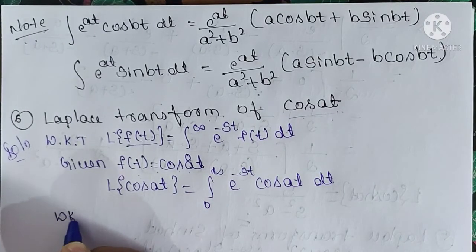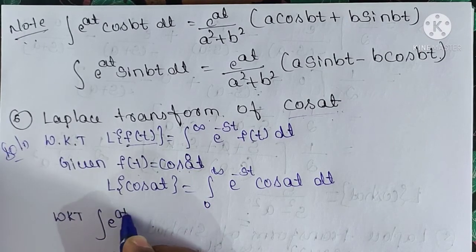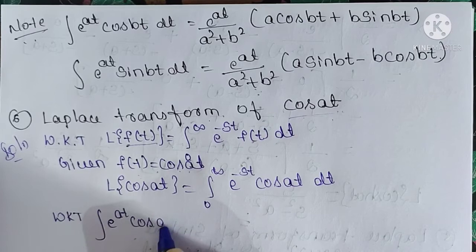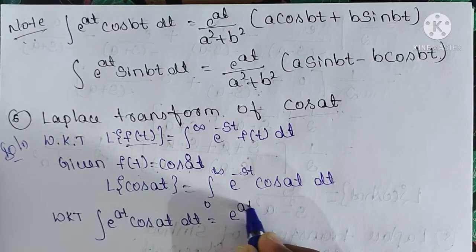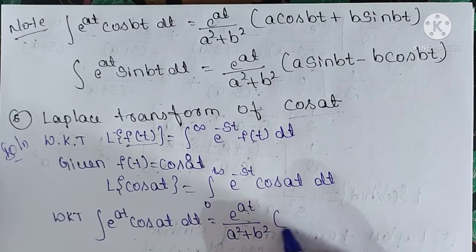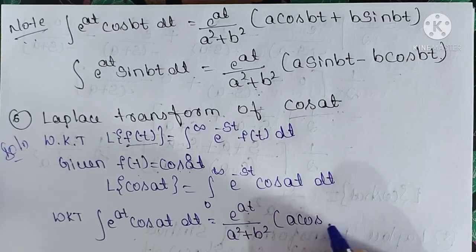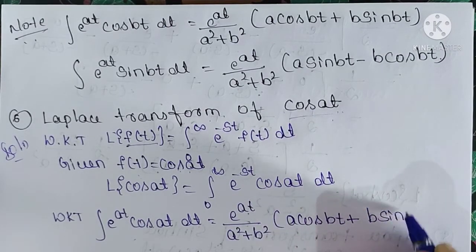We know the formula for the integral of e to the power of at cos bt dt is e power at divided by a square plus b square, times a cos bt plus b sin bt.